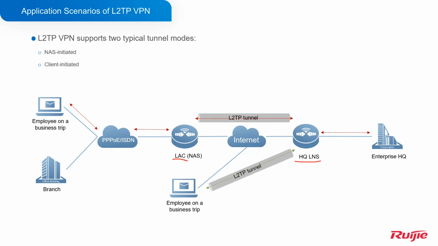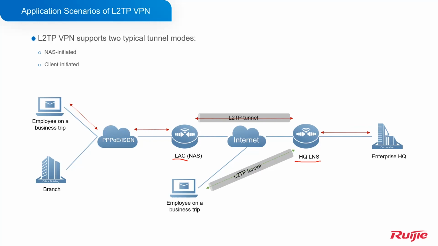In these two different scenarios, we usually use the first one, maybe directly getting a LAC service from the vendor, or you can deploy the LAC in your local network.